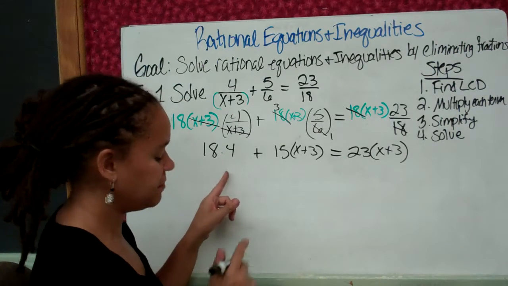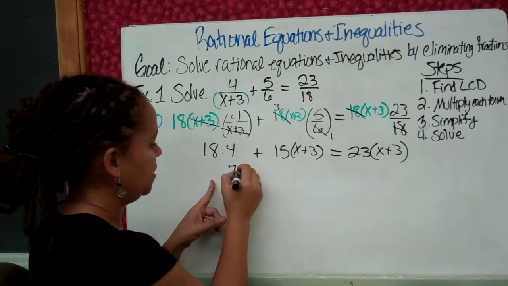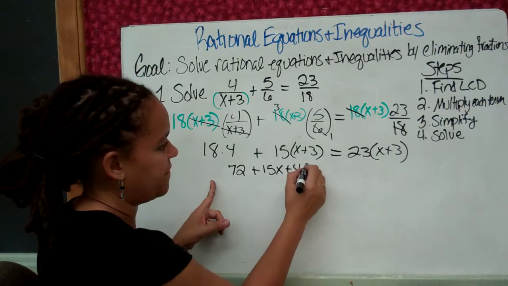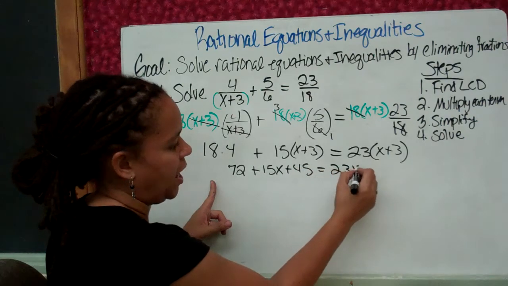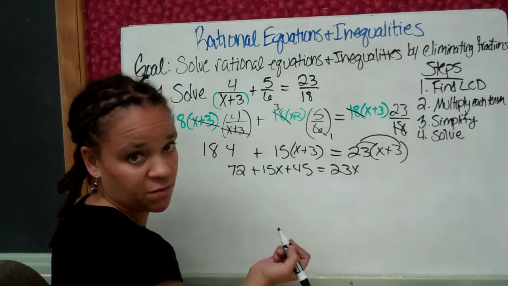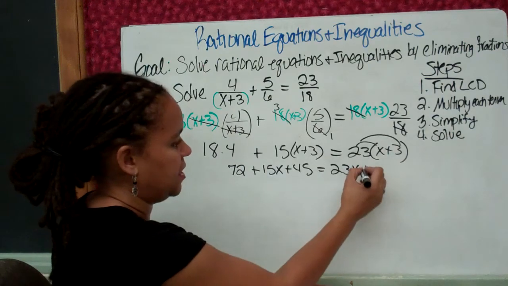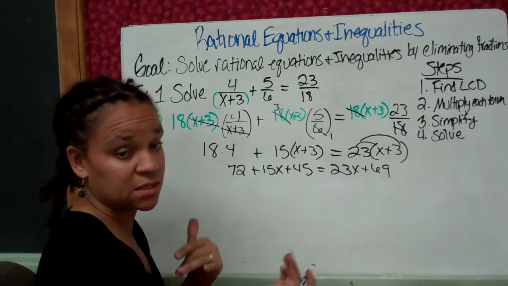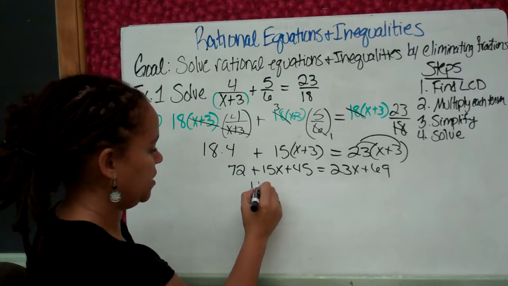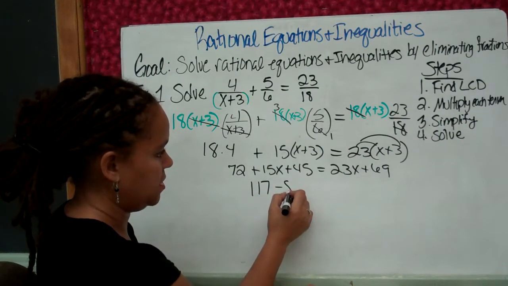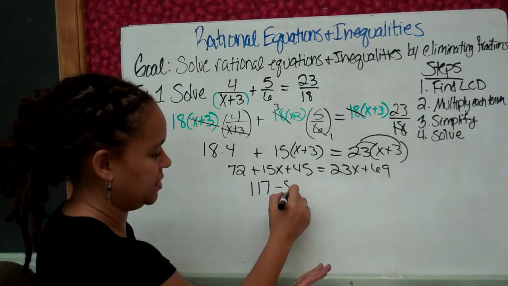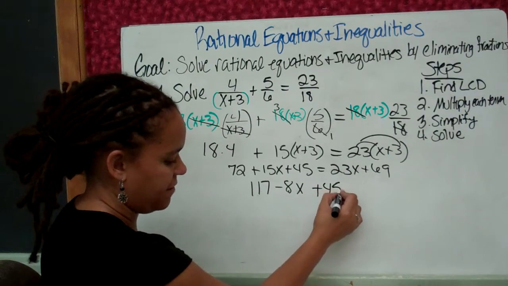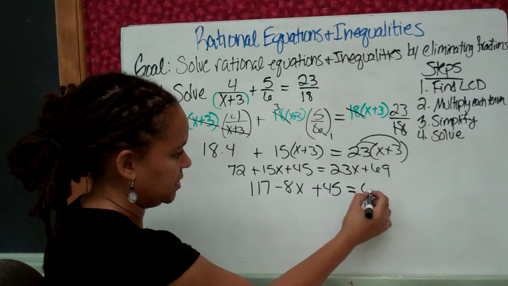So we have 18 times 4, so we're going to have 72 plus 15(x plus 3), which is 15x plus 45, is equal to 23x plus 69. Notice I'm just using the distributive property. So now if we combine all of our like terms and solve for x, we have 117 minus 8x equals 69.